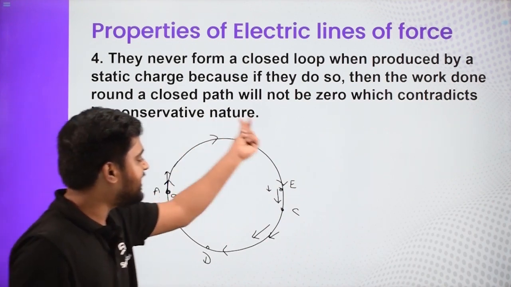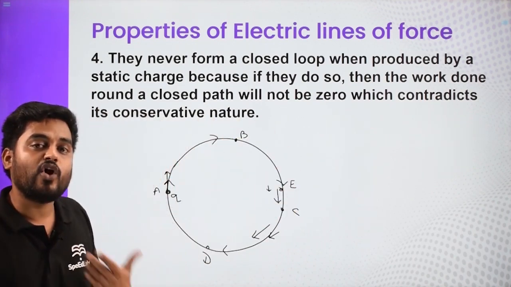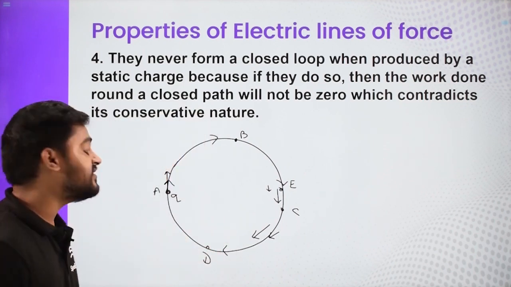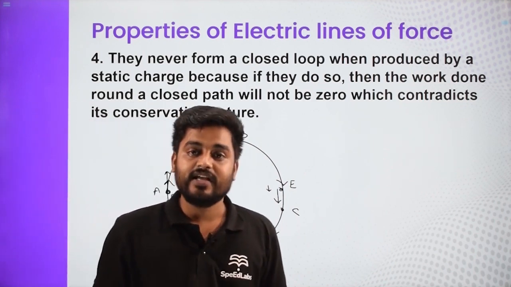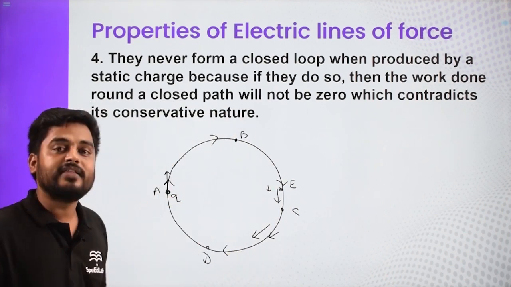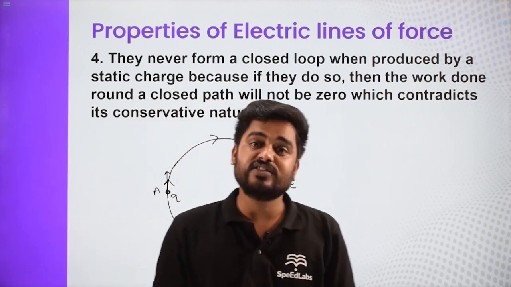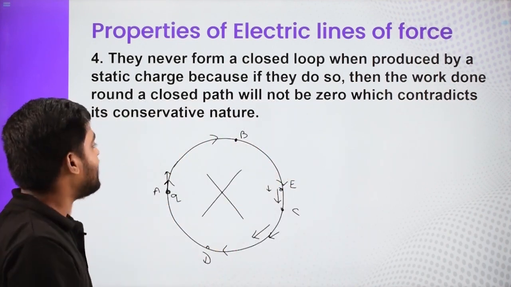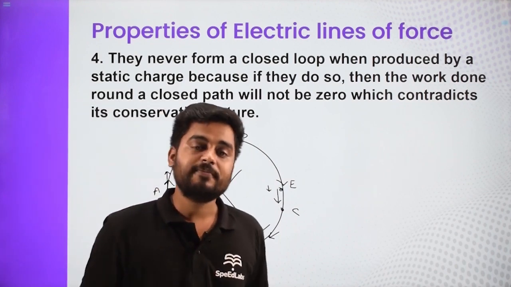So throughout the complete closed loop, there will be some non-zero work done by the electric field, which is against the conservative nature of the electric field. If we find the work done in one complete closed path, then that has to be zero. And if it is not zero, it means this situation is again not even possible. So electric field lines can never form a closed loop.